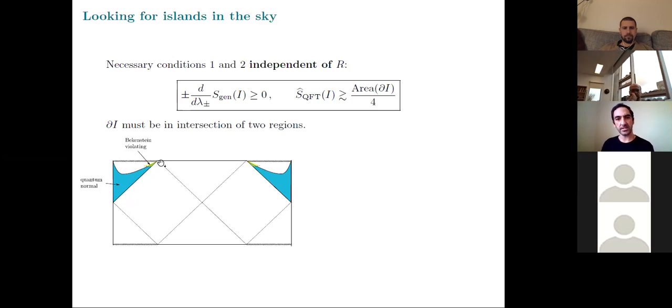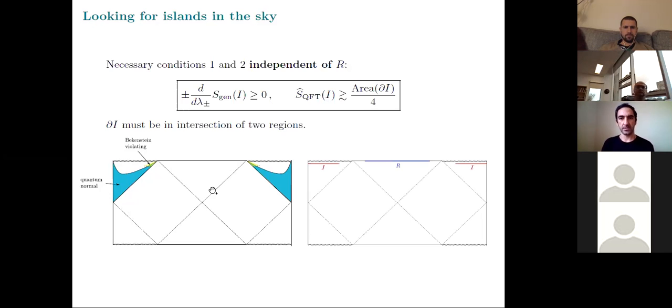So this computation done here is very much like a black hole in AdS or flat space. It's just now the asymptotics of the spacetime it lives in is not AdS or flat space, it's de Sitter space. But the physics is very similar. In particular, you can find an island, again, whose endpoint lives in this little green sliver in the overlap region.